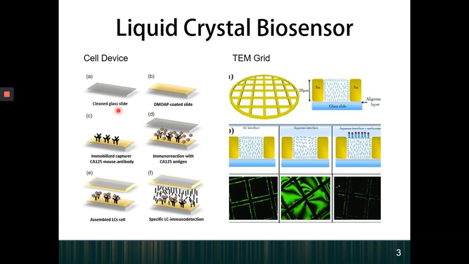We prepare a clean glass slide, coat the DMOAP alignment layer here, put the CA125 mouse antibody here, and perform immunodetection with the CA125 antigens to interact and form the immunopair. Then we put the glass here, assemble the liquid crystal cell, and inject the liquid crystal material in.